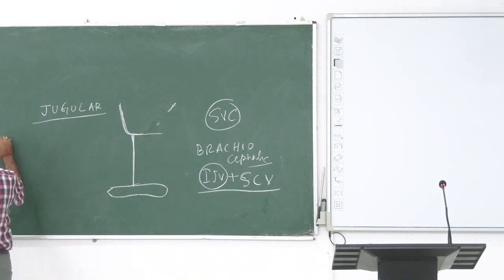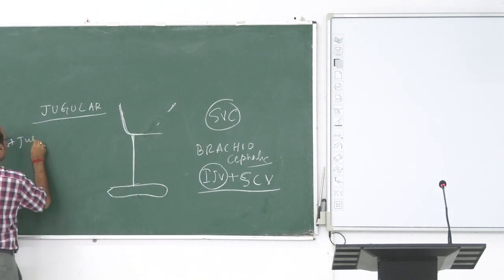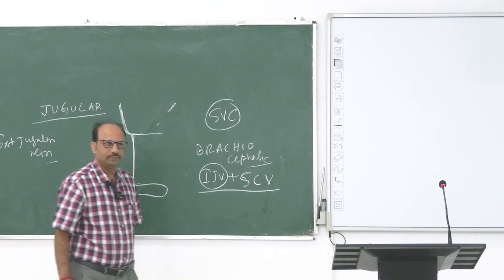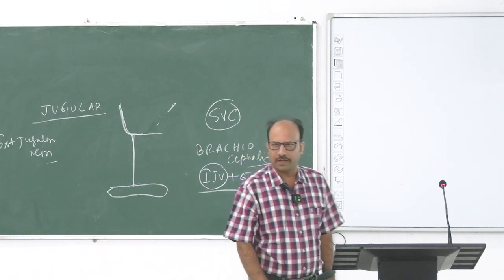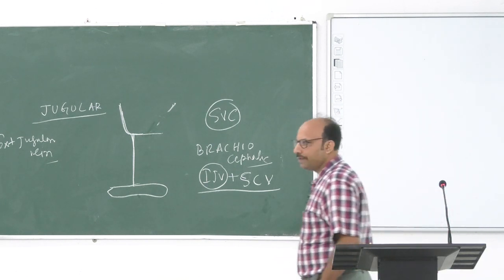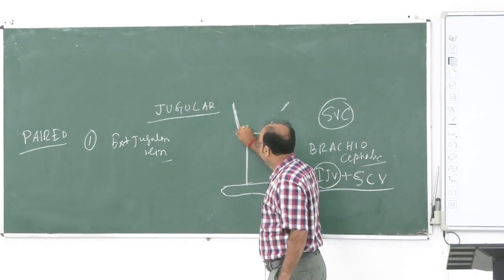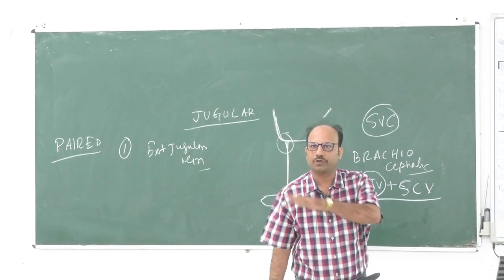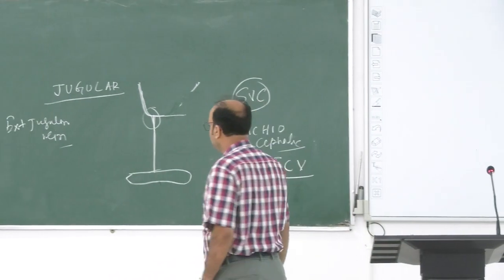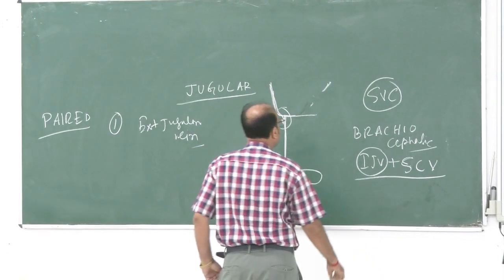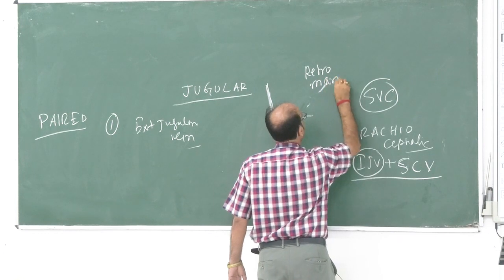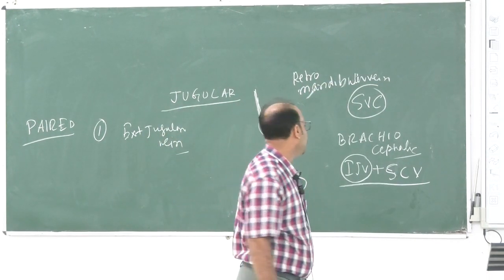Now, how is the external jugular vein formed? Where is its beginning and where is its end? The formation and termination. Formation is behind the neck of the mandible. How is it formed? Have you heard the name retromandibular vein? It has an anterior division and a posterior division.